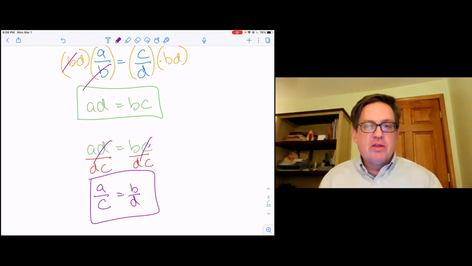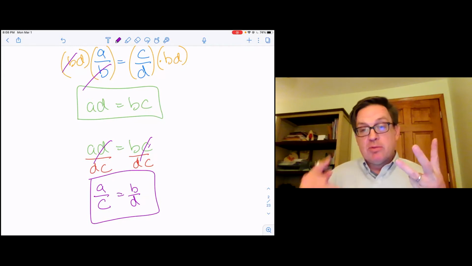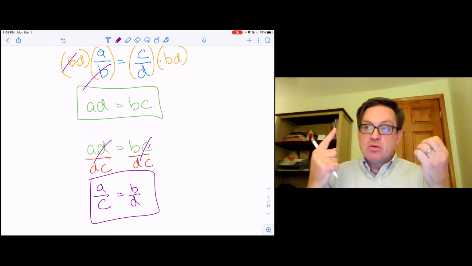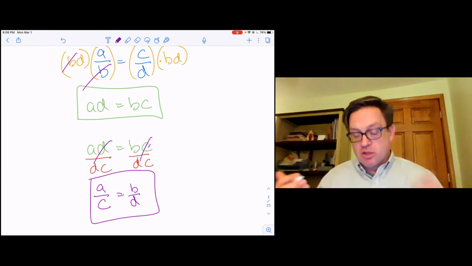So in these examples, we're going to have three of those variables. We have to solve for the fourth one. So pick whichever one makes that relationship easier to simplify and solve.